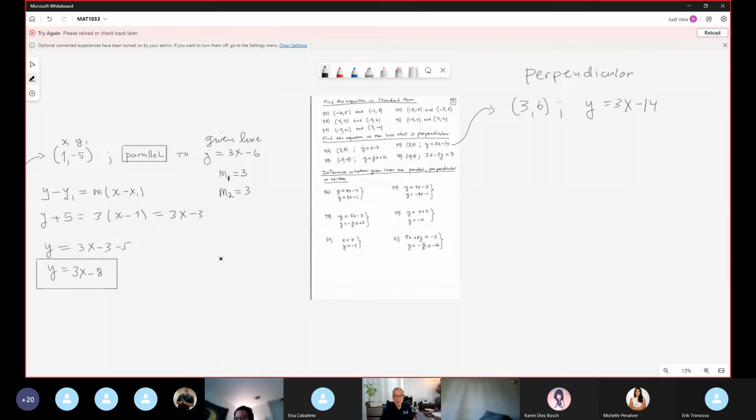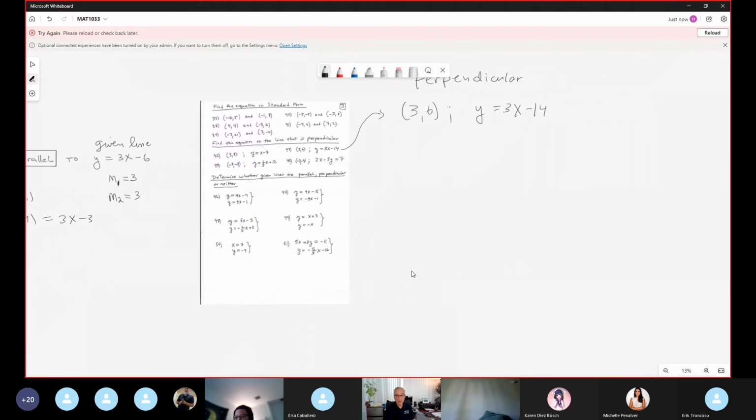So I need to find the equation for the new line to satisfy those conditions. The condition is passing through this point. This is the x1, y1, and it's perpendicular to this line. This is the given line. The new line is perpendicular. This is the new one I need to find. Right angle, 90 degrees.